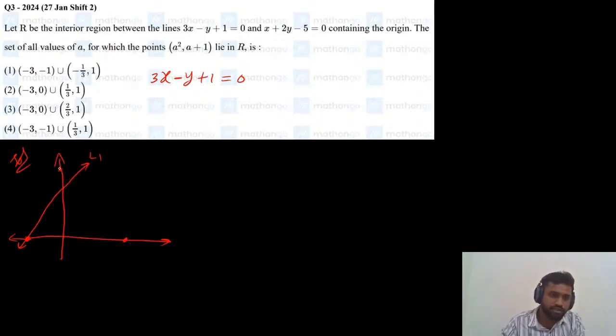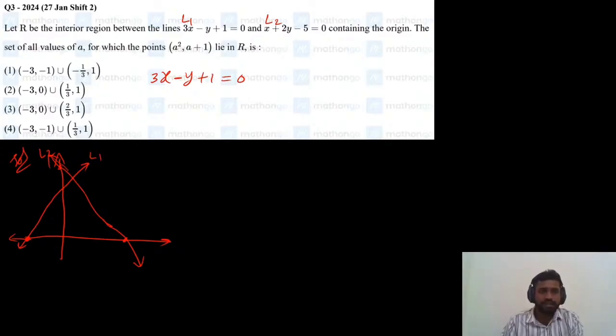By joining these points we get L1 and L2. This is the L1 line and this is the L2 line.